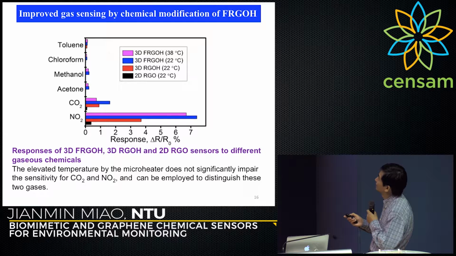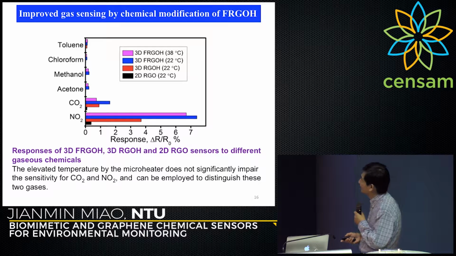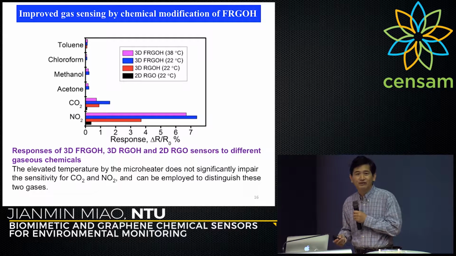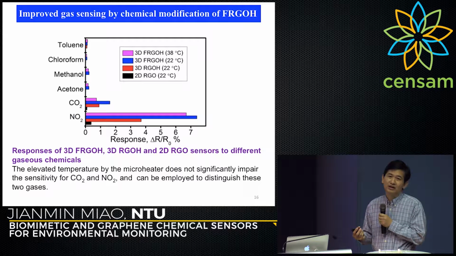Increased a lot. This is 3D, done at a temperature of 22 degrees here, and at 38 degrees you have a reduction of the sensitivity a little bit, but not too much. You can compare with CO2, which is sensitive to the temperature. For a chemical sensor, you have two very important properties: one is sensitivity, another one is selectivity.